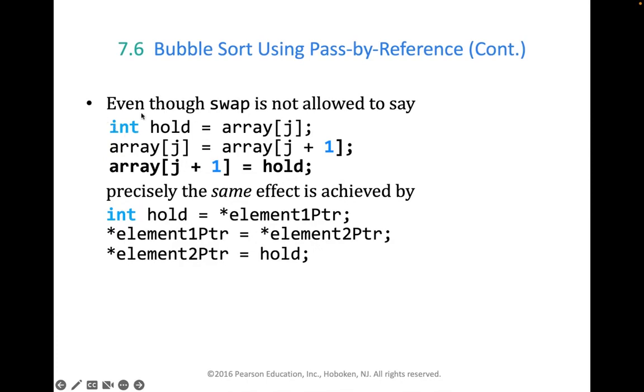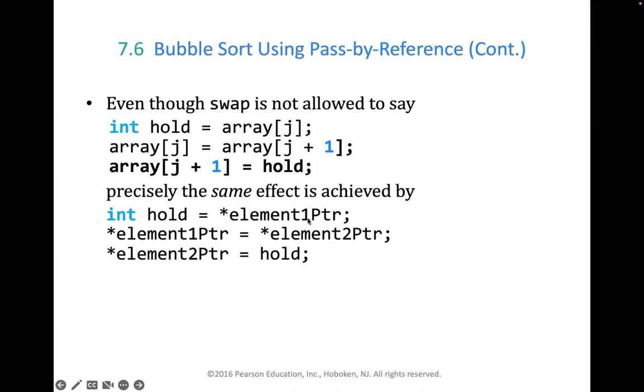We use a temporary variable: int hold equals array[j], then array[j] equals array[j+1], then array[j+1] equals hold. So we use these three statements.